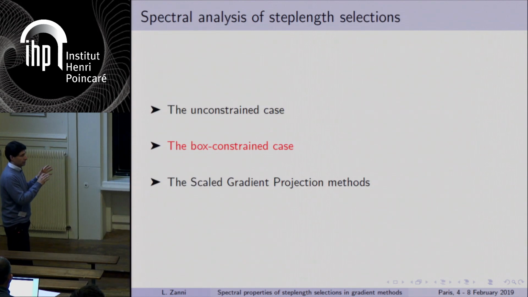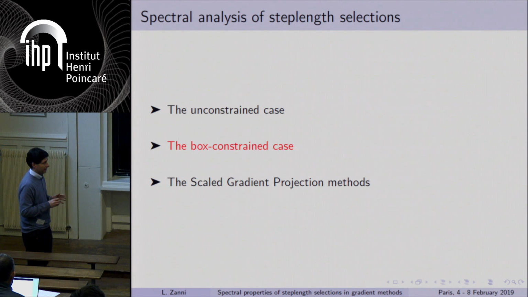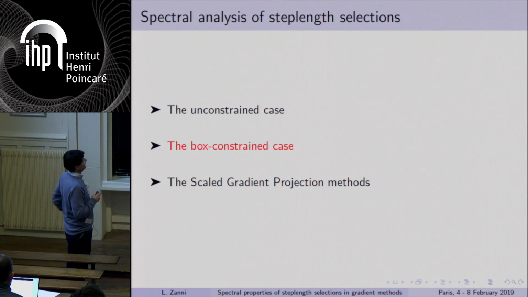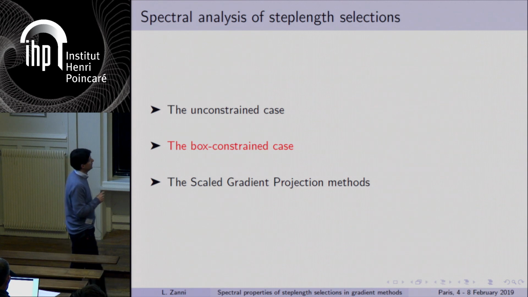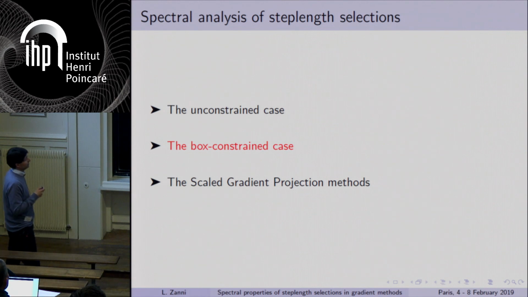Given this consideration on the unconstrained case, I can go to the introduction of the strategy to adapt this rule to the presence of constraints. I will discuss the simple case of box-constrained problems.